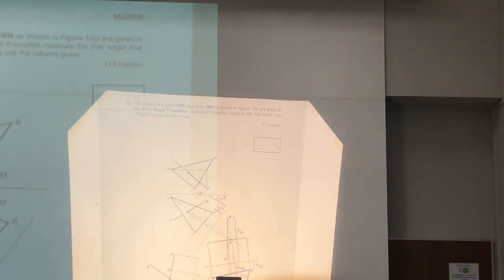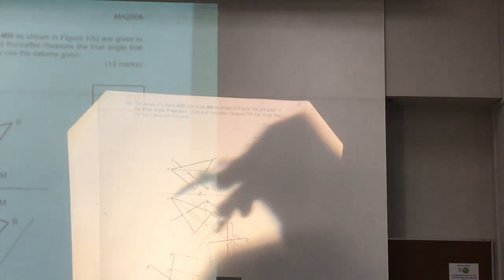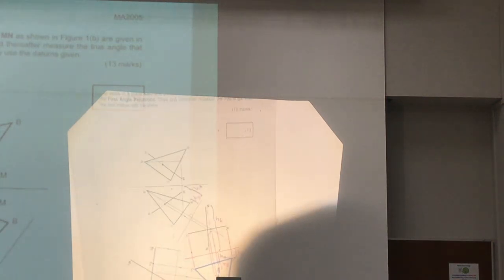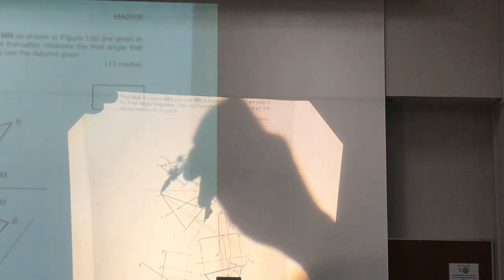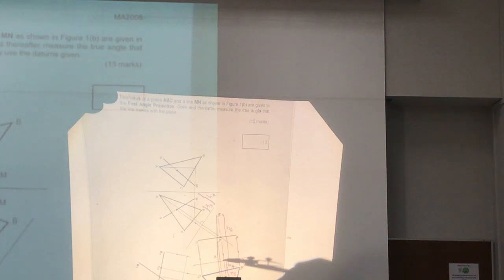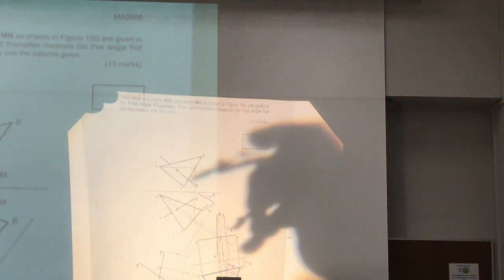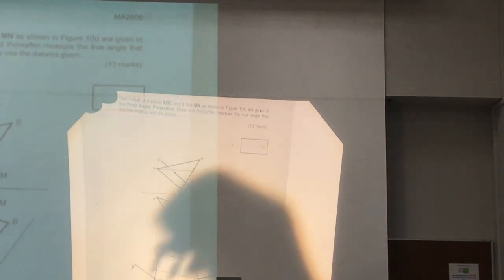So for A it is this dimension from here. What I'll do is hold from here to here, transfer over, then see this height. Then subsequently for C, you must draw with a set square, because the other transparency has that vertical line there.